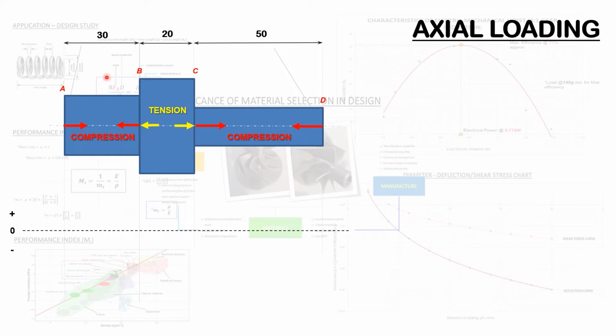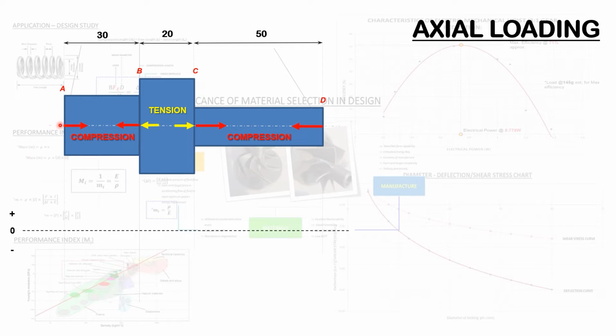So since section A, or let's call that section AB, is being subjected to a force of 10 kilonewtons, then it needs to generate some form of internal reaction which will counter that tensile load. Thus, that reaction will be equal in magnitude but opposite in sense or direction.